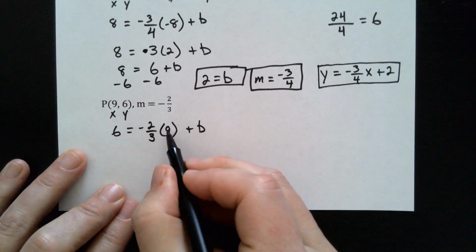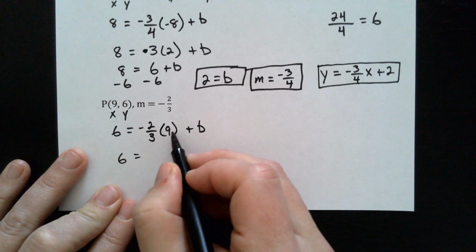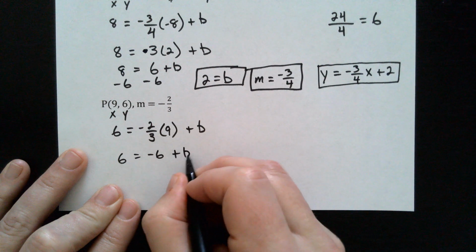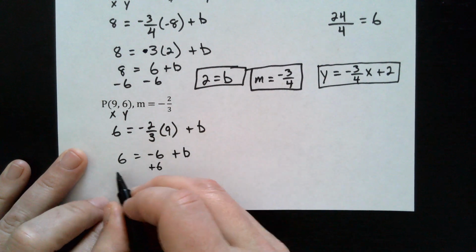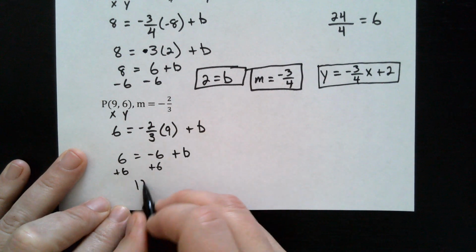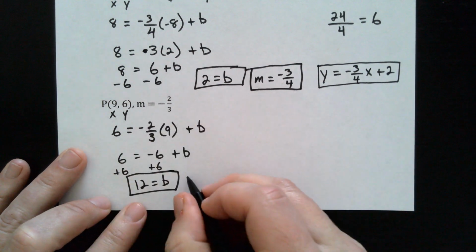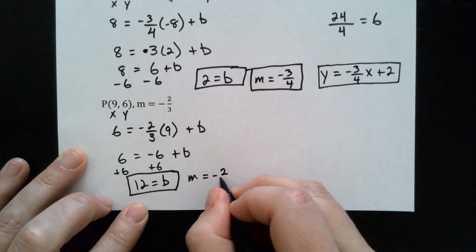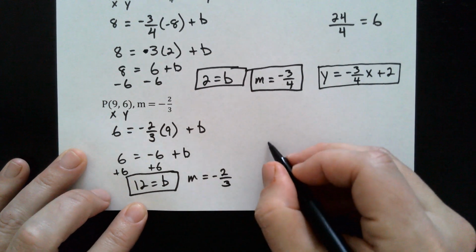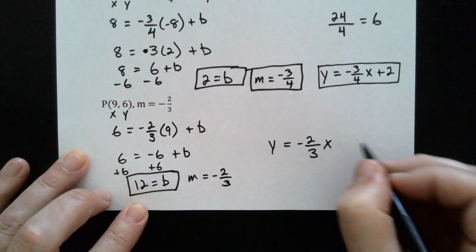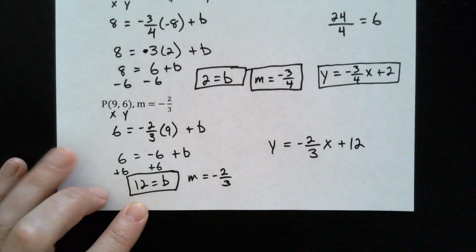This would be 6 equals -18/3, which is -6, plus b. If we add the 6 to both sides, we get 12 is equal to b. And we have m is equal to -2/3, which was given. So my answer is y is equal to -2/3 x plus 12.